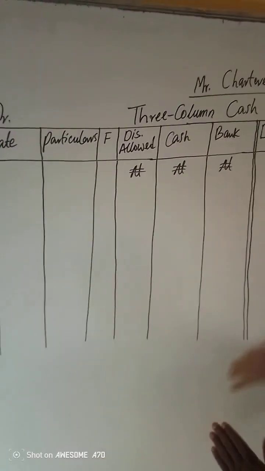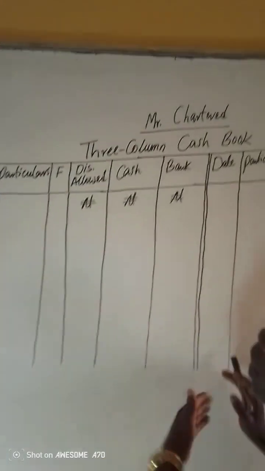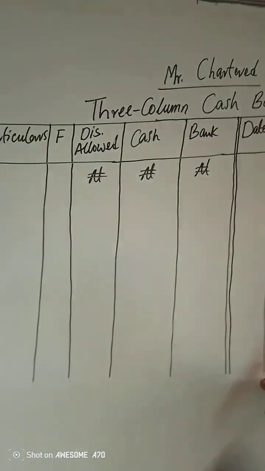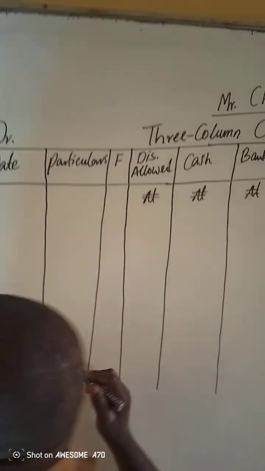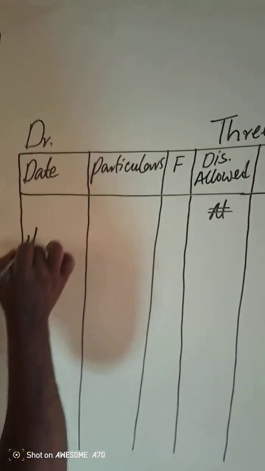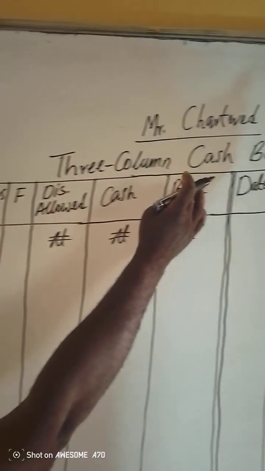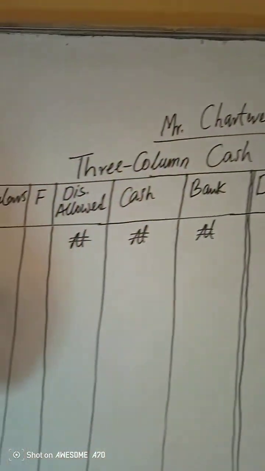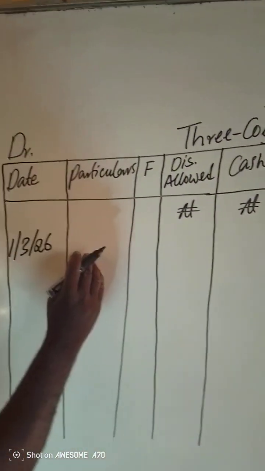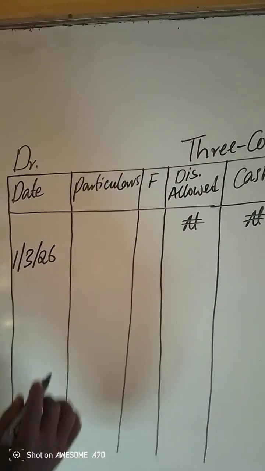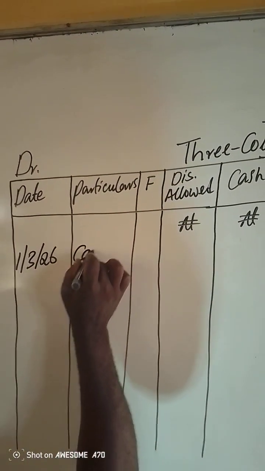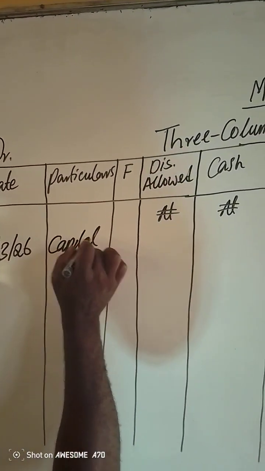So quickly, if you come to the cash account, you discover that cash will be receiving because capital is giving. So on this day, which is 1st of March 26, cash has received from capital, which the owner is giving into the business. The title here is capital, the particular is capital.